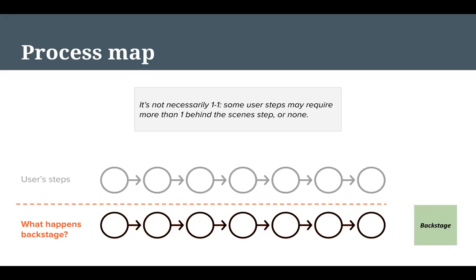Also keep in mind that this isn't always one-to-one. If there are 3 user steps, there might not necessarily be a back end step for every single user step, if that makes sense. So don't worry about filling in every single blank. You're really focusing on the touch points or when there's labor involved on the back end.